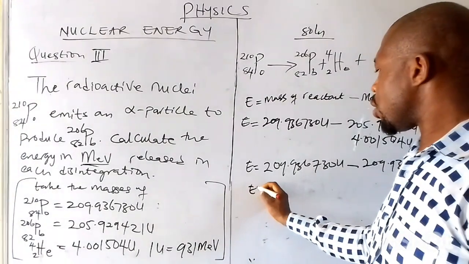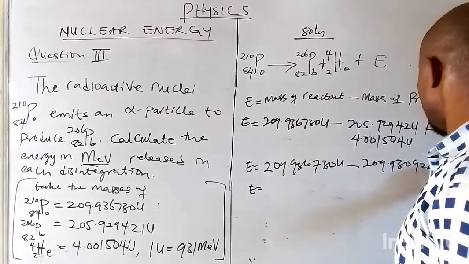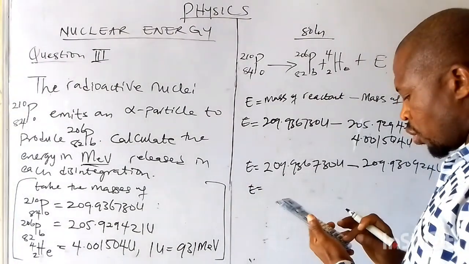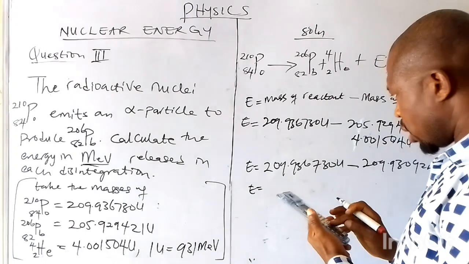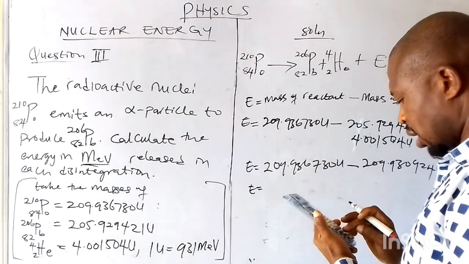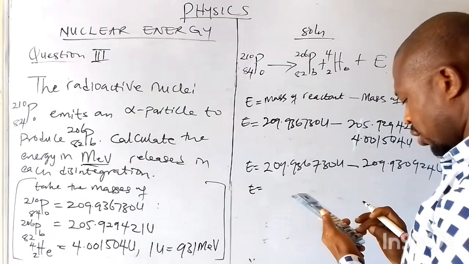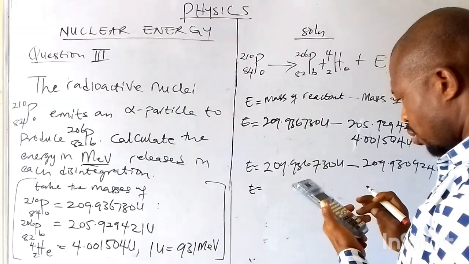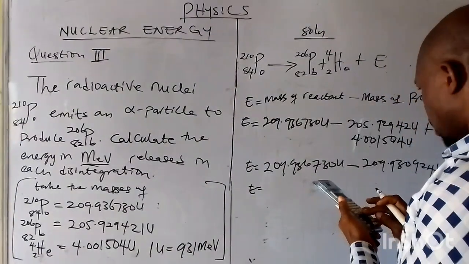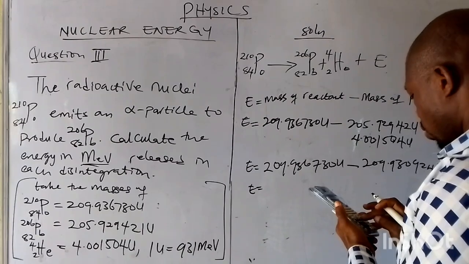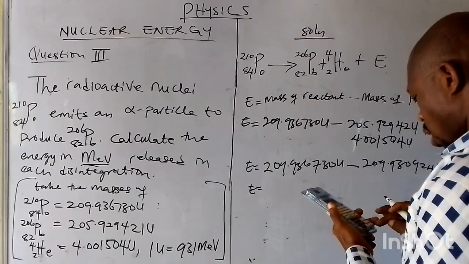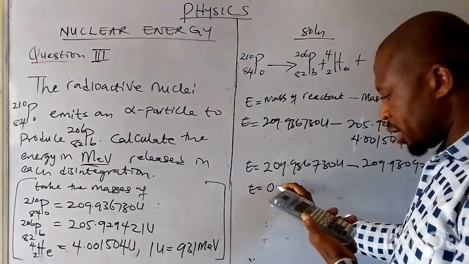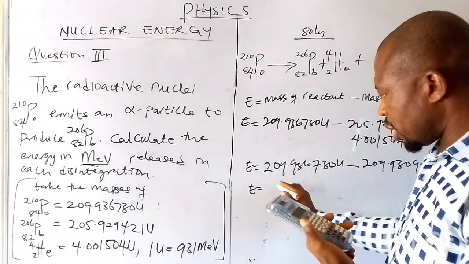E will give us, remember there is u here, this minus that, 209.936730 minus 209.930924. Well, now E is 0.